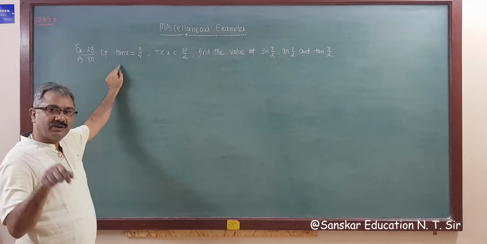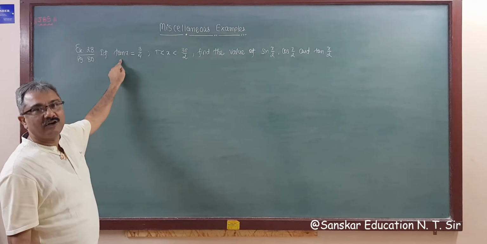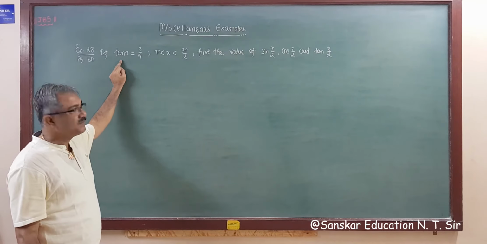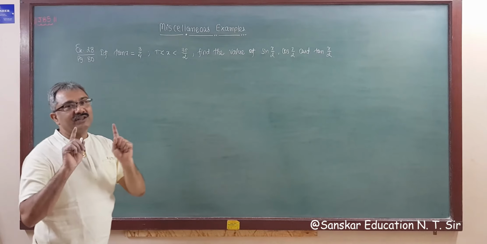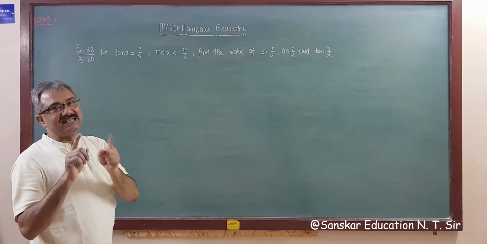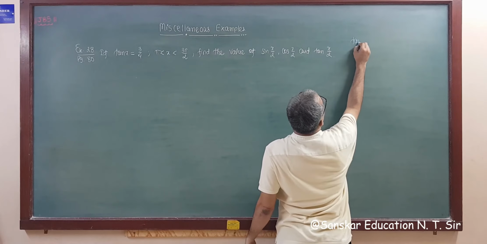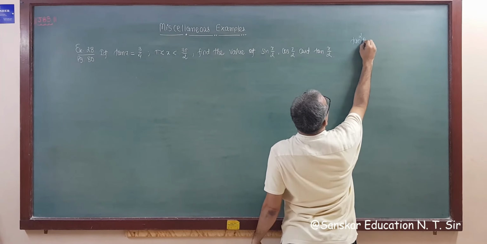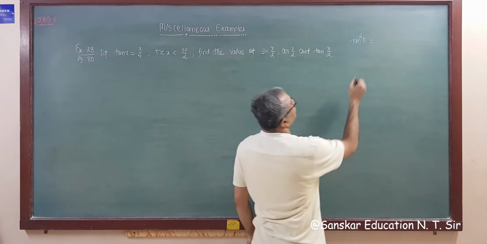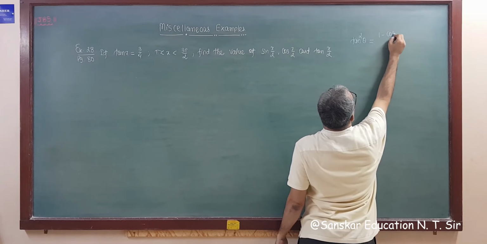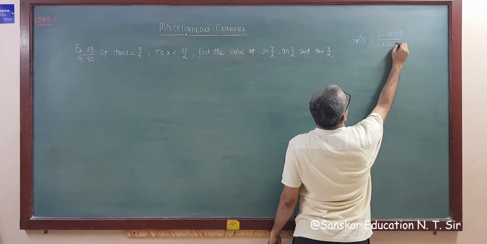As we saw earlier in the previous question, we have to apply the formula of tan x by 2, sin x by 2, because we have to find out sin x by 2, cos x by 2, tan x by 2. And for that, you know only one formula: tan square theta is 1 minus cos 2 theta upon 1 plus cos 2 theta.